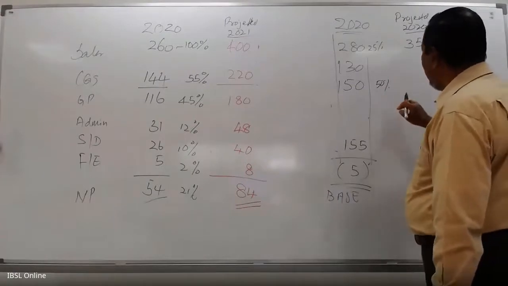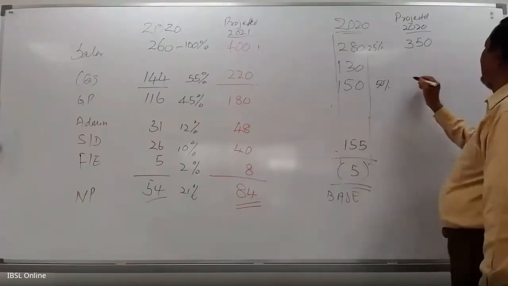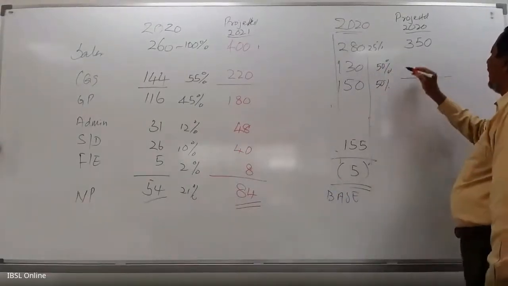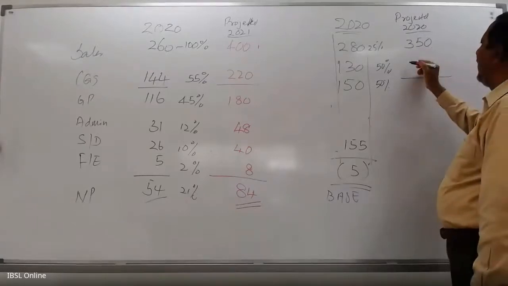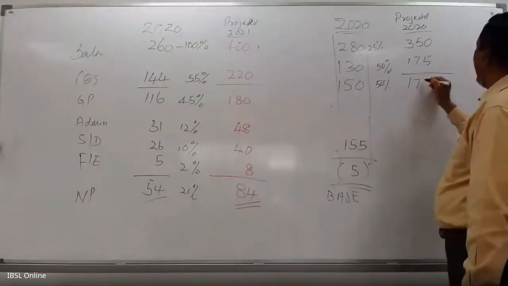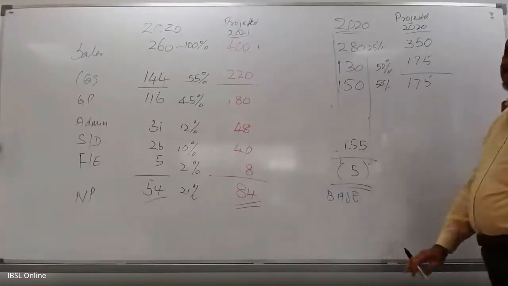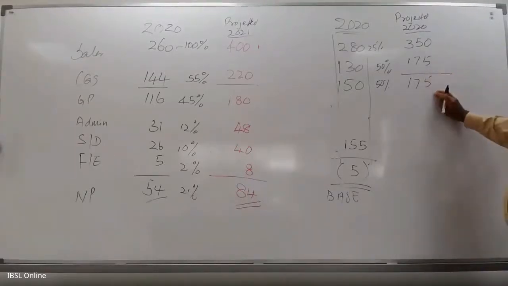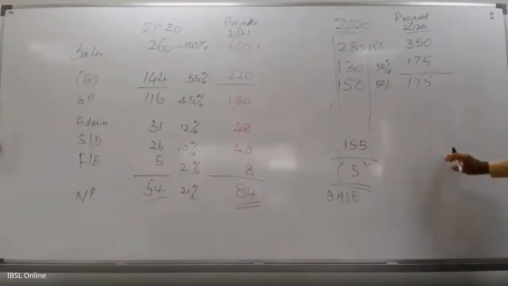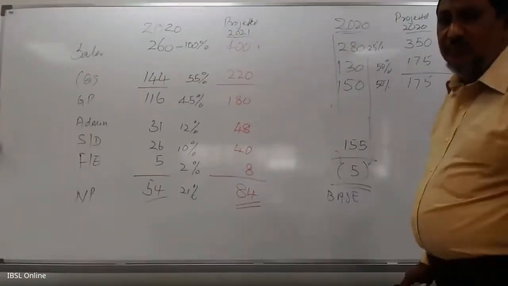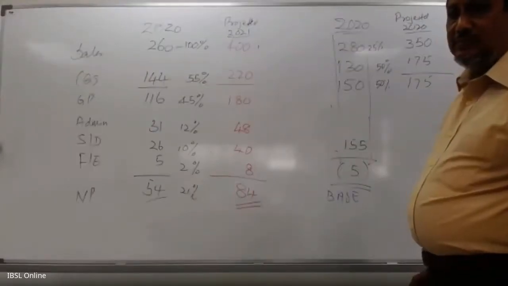If GP is 50, COGS is also 50% on the sales. That is 175. The gross profit is also 175, 50% of the sales.